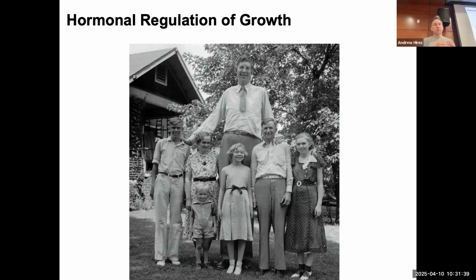It's going to promote growth directly on the body's tissues, and also through the production of insulin-like growth factors from the liver. So growth hormone travels to the liver and turns on IGF-1. That's then going to circulate through the blood and cause bone and cartilage growth.